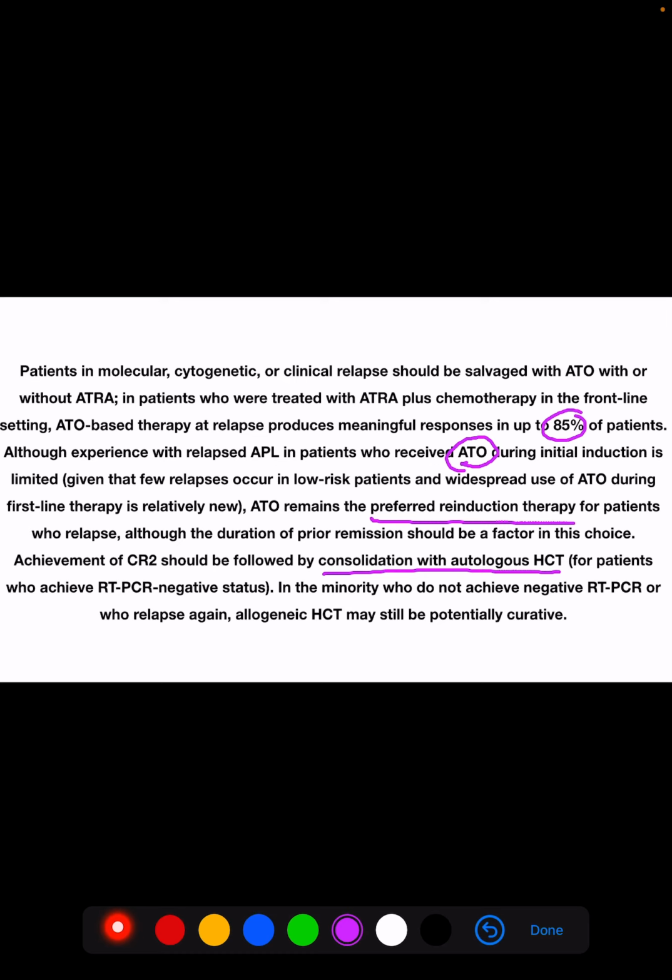So patients who have achieved the remission should be followed by consolidation with autologous hematopoietic stem cell transplant. And patients who do not achieve a negative RT-PCR, or patients who relapse again, what should be the treatment? Treatment should be allogeneic hematopoietic stem cell transplant.